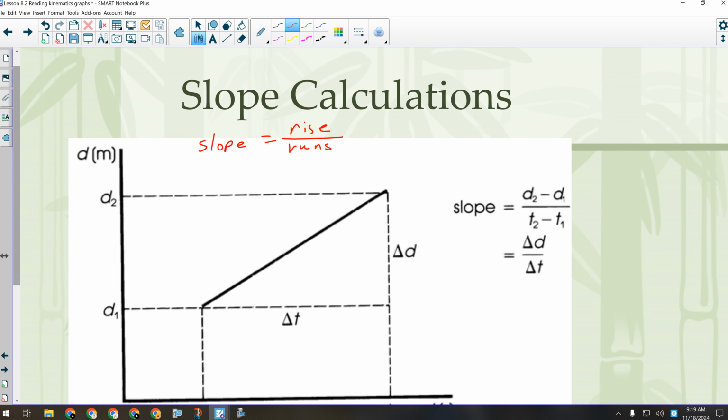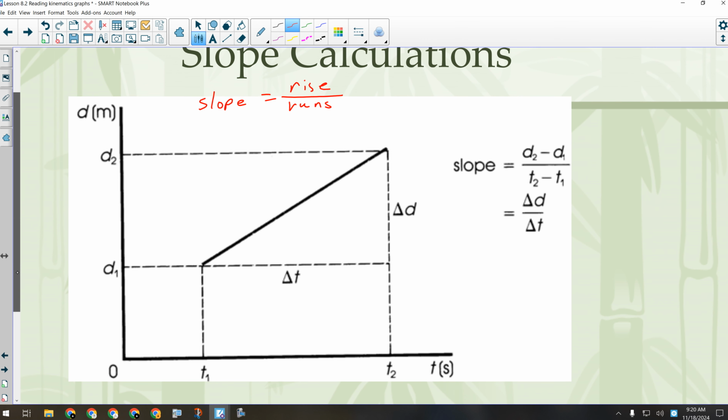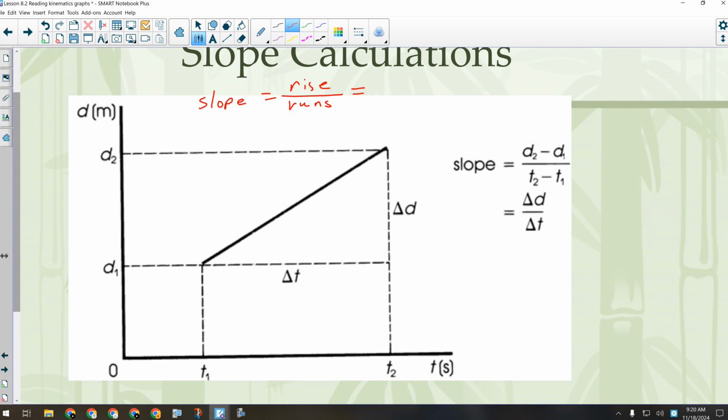On this graph, this is a position versus time graph. So we've got position on the y, we've got time on the x. So the rise is telling me how much the position changes. Would you agree? Since the position is on the y. Change in position equals, starts with D, displacement.